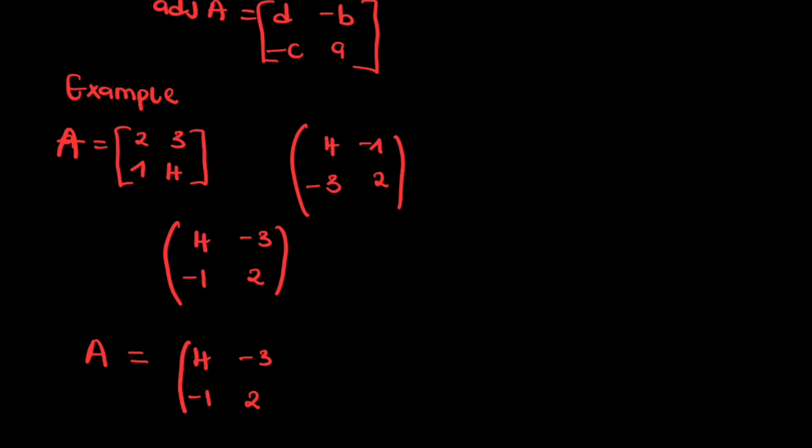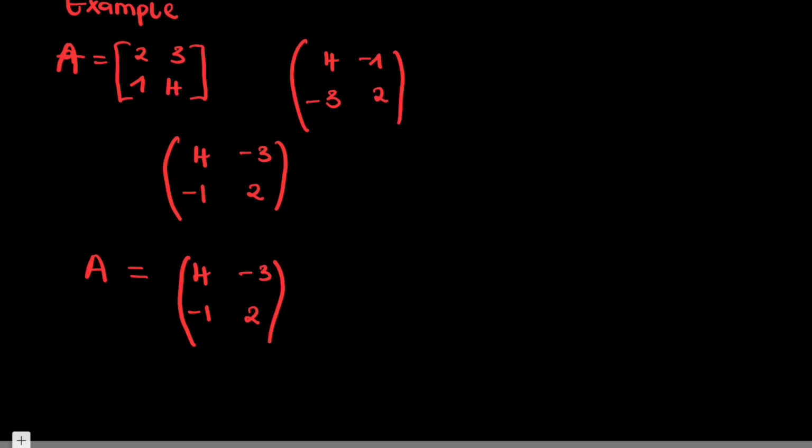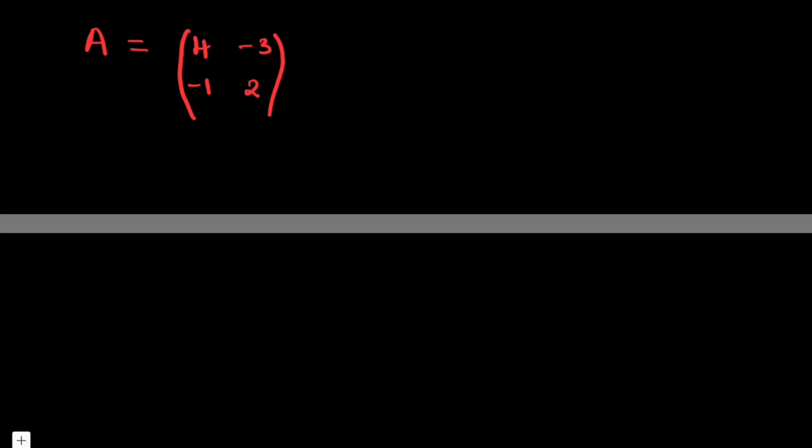So we do it like this to find the cofactor matrix and then take the transpose. We simply interchange the elements at the leading diagonal, and then change the signs of the elements which are not at the leading diagonal. But remember, this is done for only a 2 by 2 matrix. It does not apply for a 3 by 3 matrix.